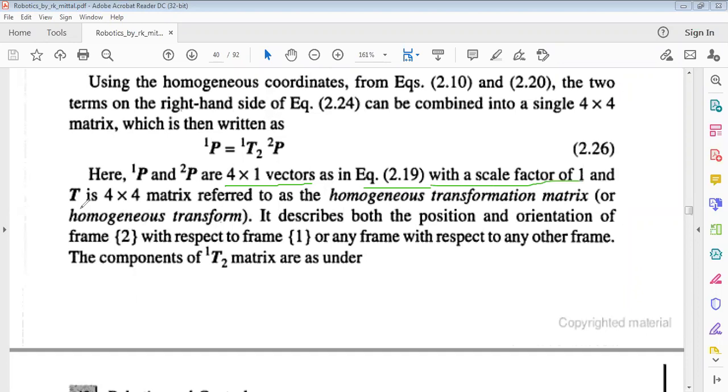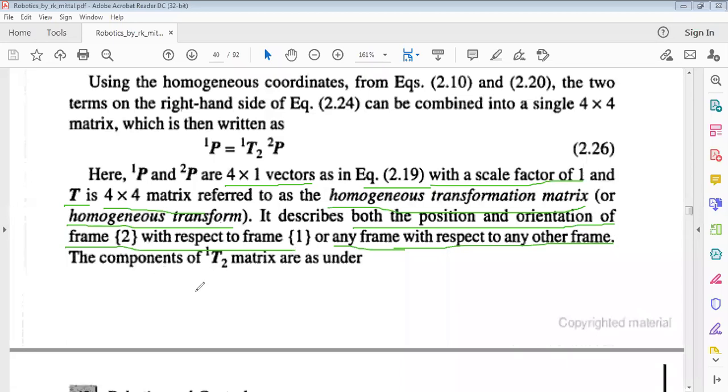This capital T is a 4 by 4 matrix, referred to as the homogeneous transformation matrix, or simply homogeneous transform. It describes the position and orientation of frame 2 with respect to frame 1, or any frame with respect to any other frame.